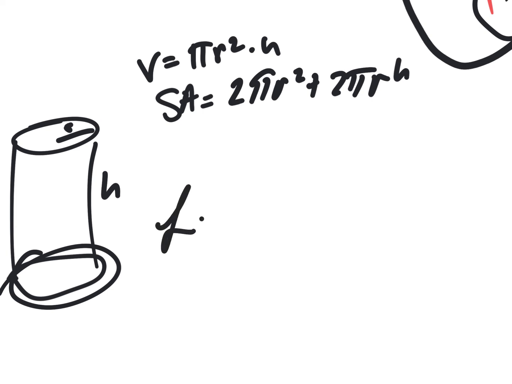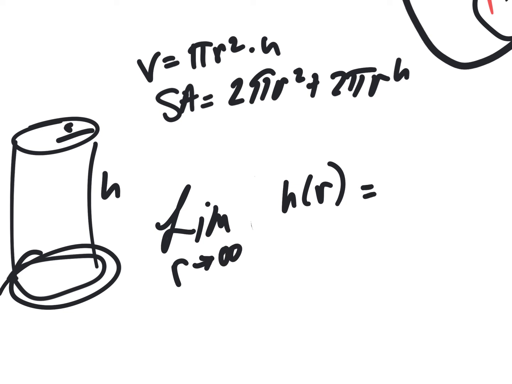Okay, what if I said the limit of the function of the height, h of x, as, no, it's actually going to be h of r, as r approaches infinity would equal what?